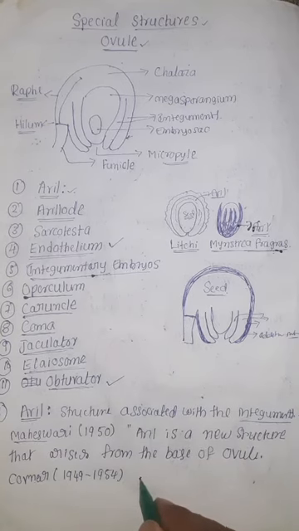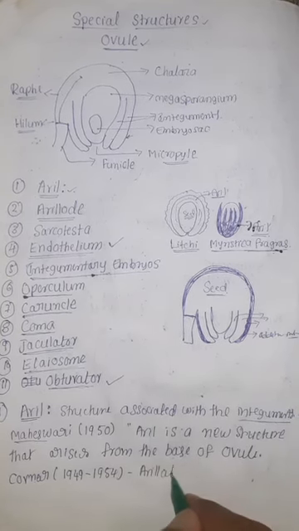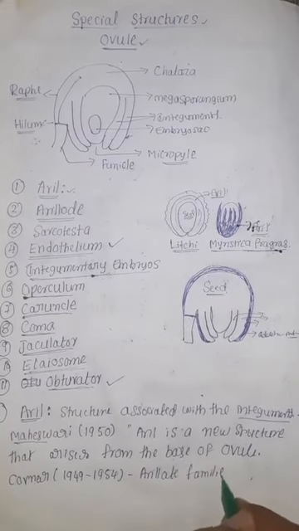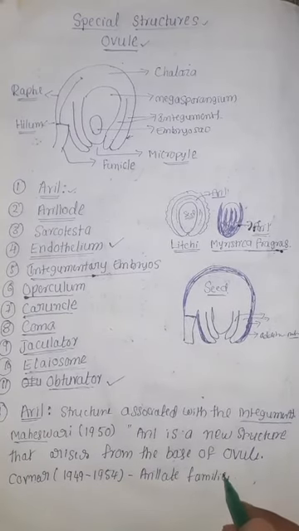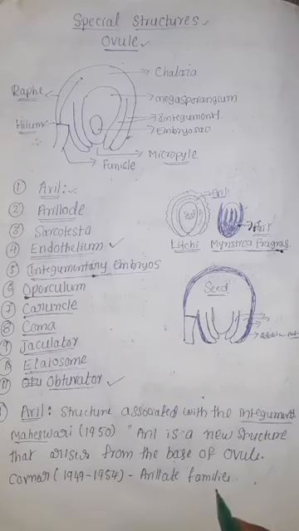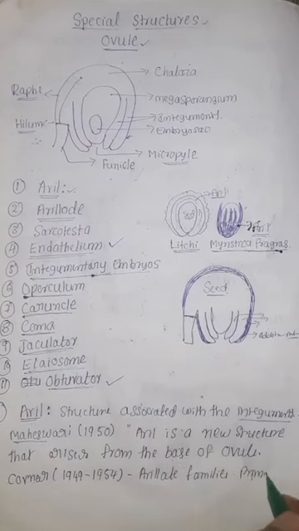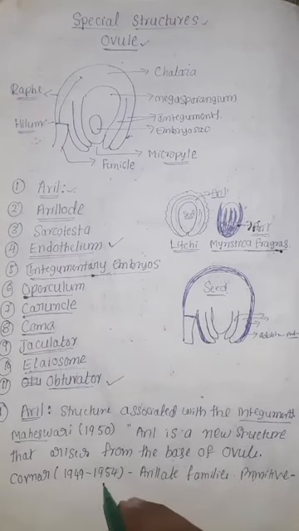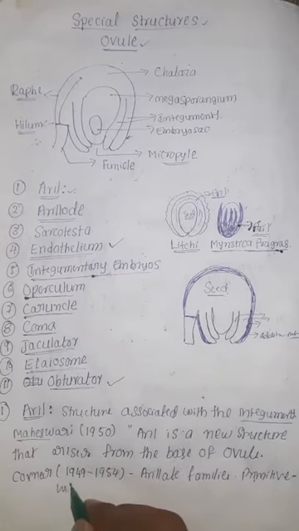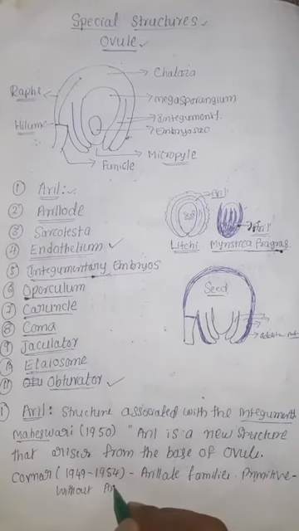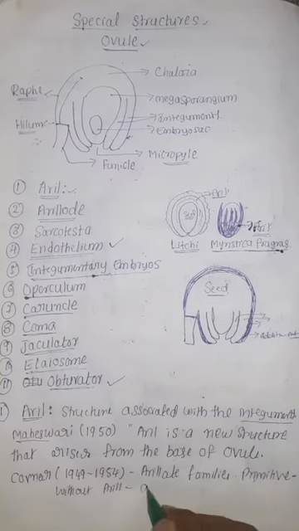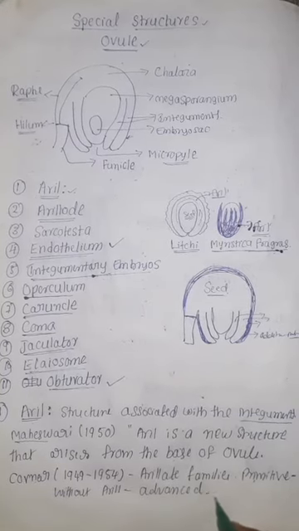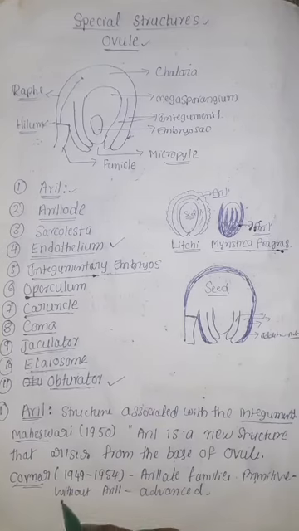Arillate families means whatever plants have aril. As per Corner's opinion, arillate families are primitive in evolution, and those without aril are advanced.